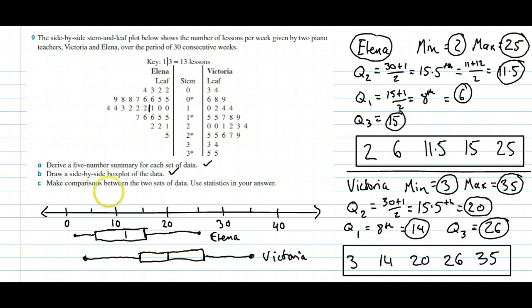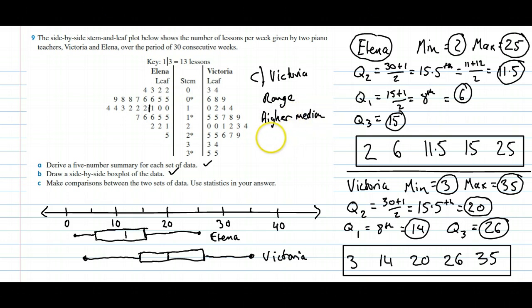Okay, lastly, we need to make comparisons between the 2 sets of data. Use statistics in our answer. So some comparisons that we can make. Victoria had a greater range. She had a higher median.